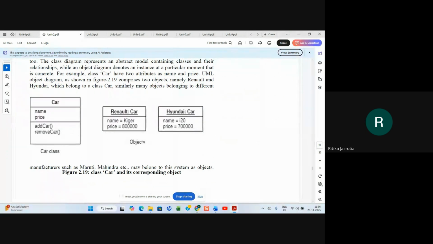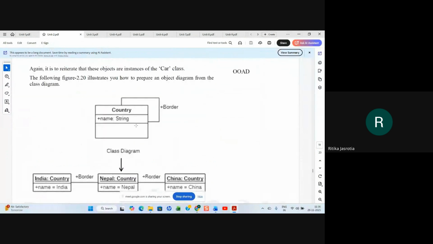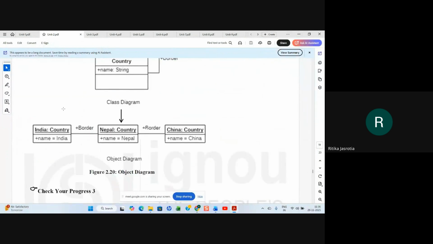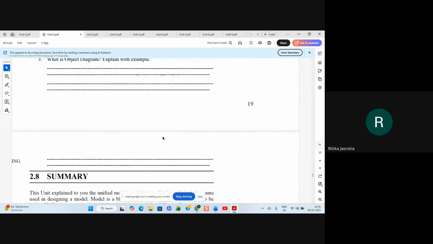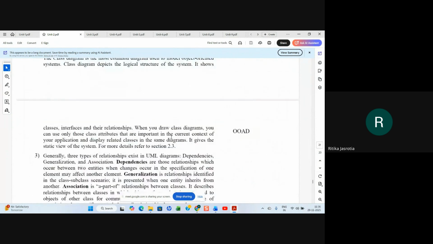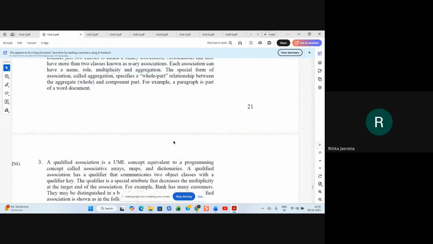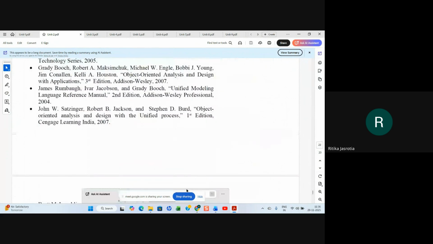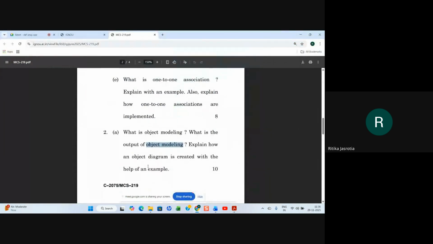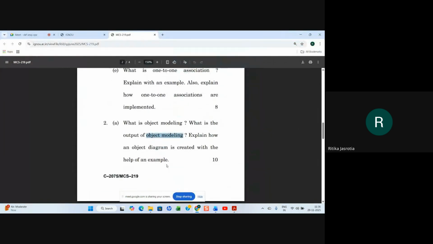Any number of objects can be there, so we are just taking one of the objects. Same way here also, India colon country, name is equal to India. This is how they have given you, right? So you can make an object diagram, any example of an object diagram you can create, right?